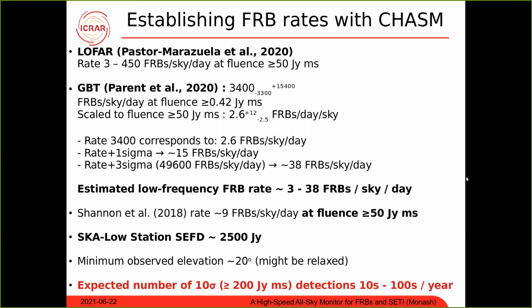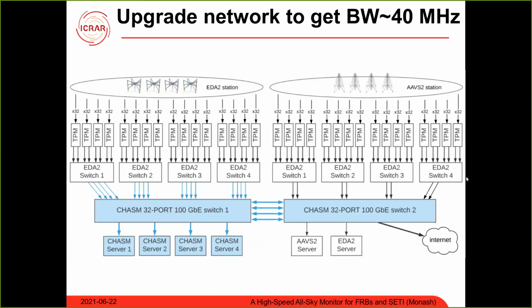But given the sensitivity of the stations, these rates and minimum observing elevation, we estimate also that we should actually detect, as I showed in the earlier table, even more than 100, maybe hundreds of FRBs per year with such an all-sky monitoring system.